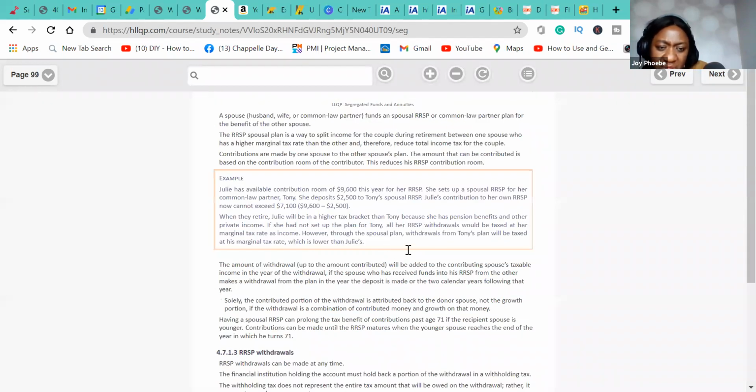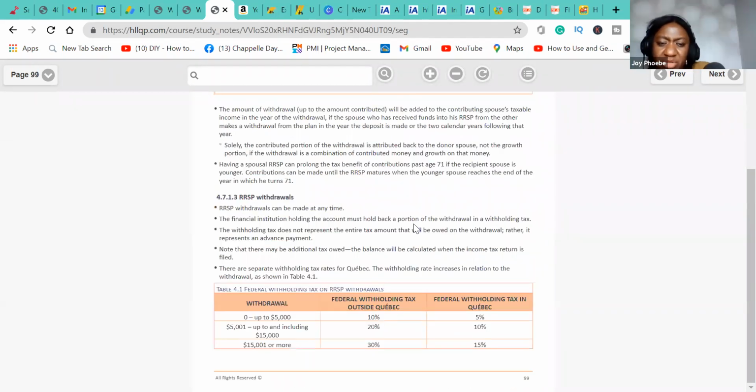RRSP withdrawal. Well, withdrawal can be made at any time from your RRSP. The financial institution holding the account must hold back a portion of the withdrawal as withholding tax, and the withholding tax does not represent the entire tax amount that will be owed on the withdrawal.